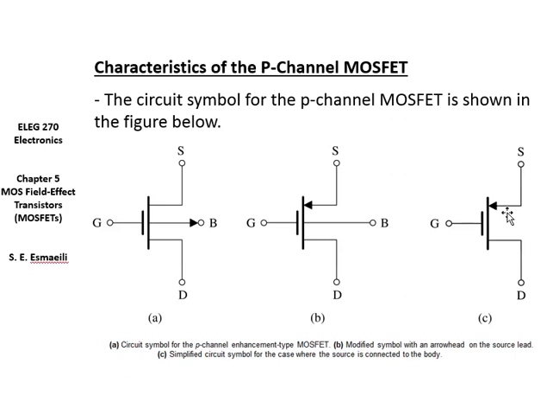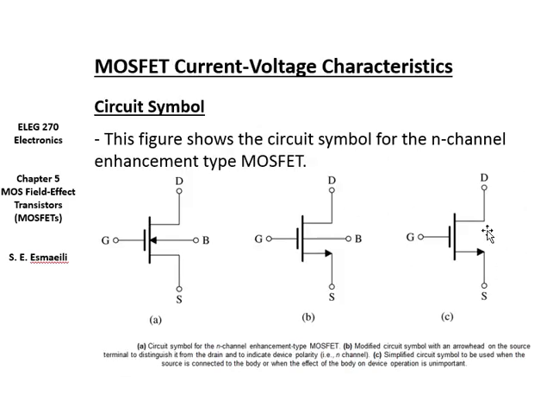And the source follows the arrow. You remember in the BJT, the emitter was following the arrow, right? In the NPN, the emitter was down and in the PNP the emitter was up. Here in the P-type, the source is up. In the N-type, the source is down. This is just for you to remember that you can distinguish the type of the MOSFET by looking at it.